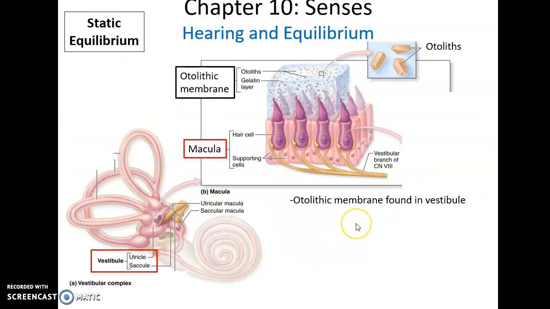So static equilibrium: within the vestibule, we have the structures called the macula. In the macula, you have epithelial cells supporting hair cells, and then you have a gelatinous structure filled with tiny crystals called the otolithic membrane. And so the hairs of the hair cells are embedded in this gelatinous mass called the otolithic membrane.